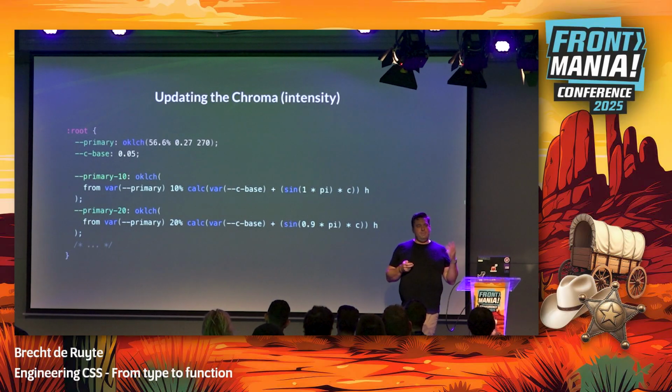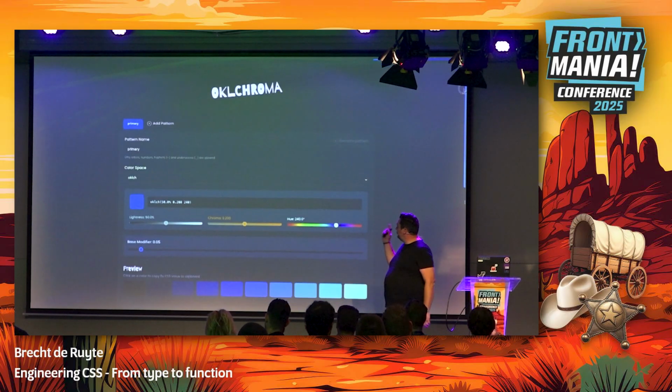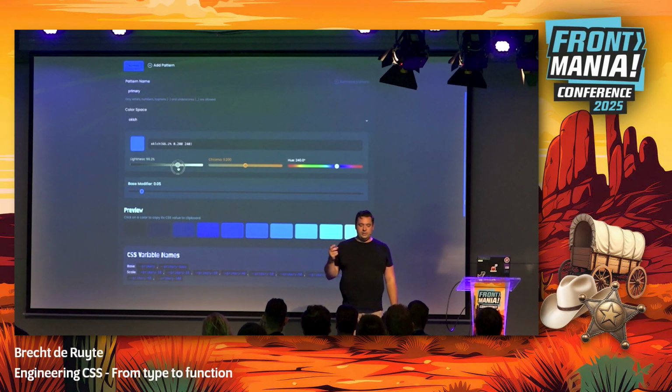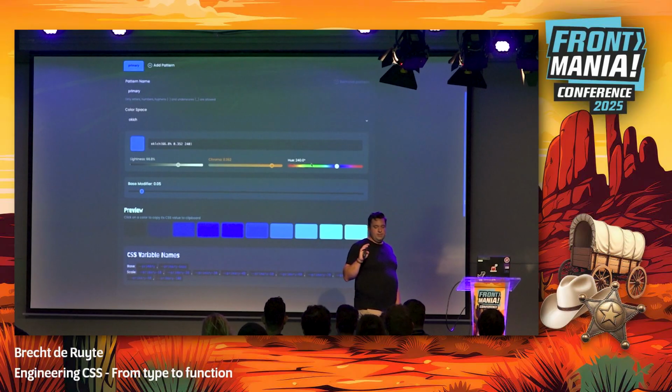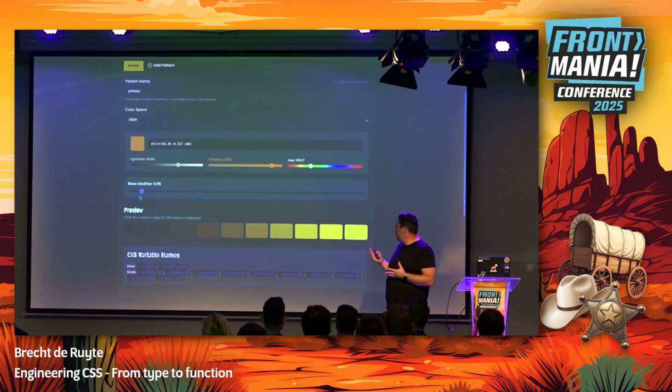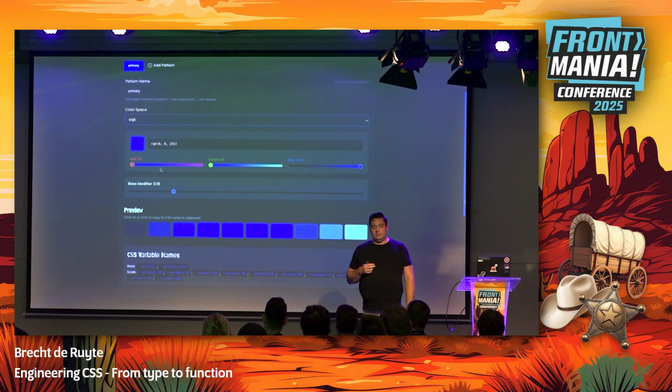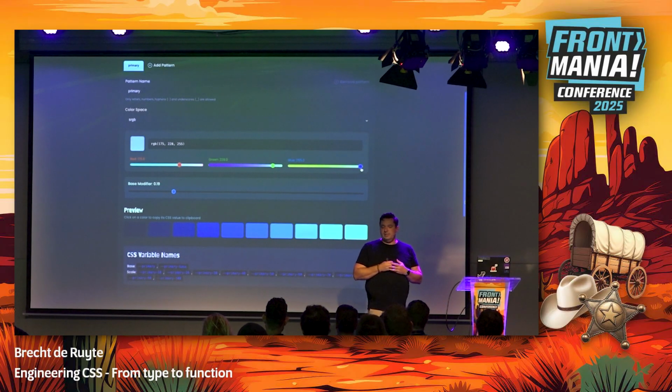Now, I will be sharing a link for this today, but I created a tool for this, which was Ocal Chroma. Thought it was a fun pun. And you can change the whole thing, play around with these colors, and create your own little sneak preview of a pattern. What I also did was give the chance for other color inputs, such as RGB. Very nice to play around with sliders.